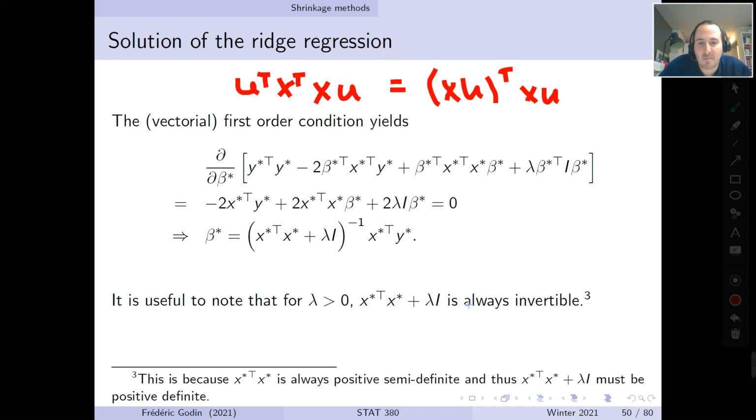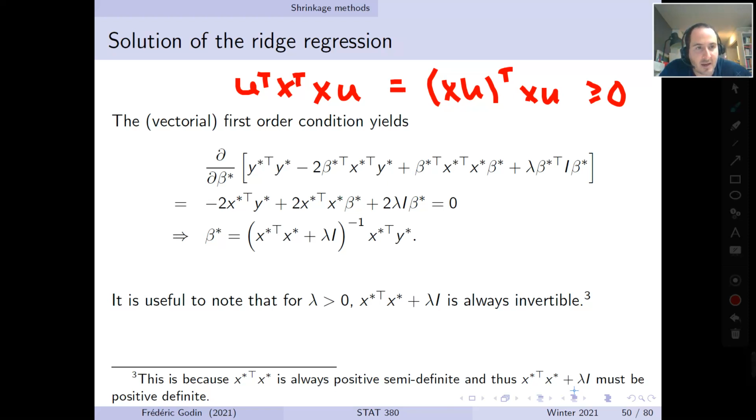So this must always be greater or equal to 0, which means that X star transpose X star is positive semi-definite.